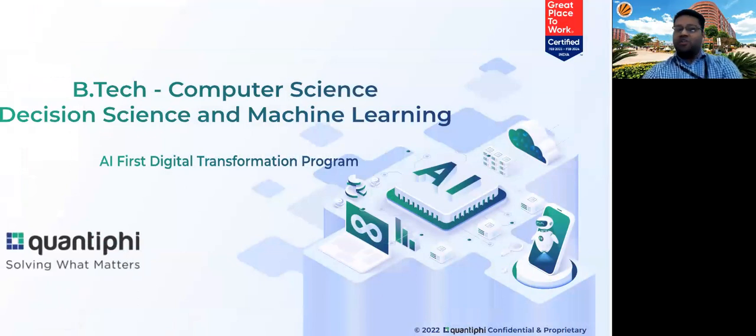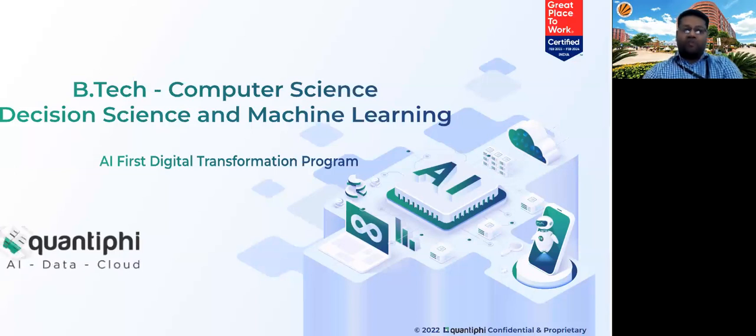At Lovely Professional University, we believe in nurturing talent and providing a conducive environment for your growth. By collaborating with Quantify Company, we bring to you not just theoretical knowledge, but also real-world expertise. The faculty members who are experts in their fields will guide you through a curriculum designed to develop your analytical and problem-solving skills.